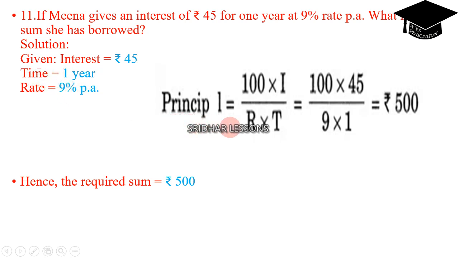So we can calculate the principal as 100 into I by R into T. We have got this from the formula PTR by 100. So the required sum is equal to 500 rupees. With this we have completed this exercise.